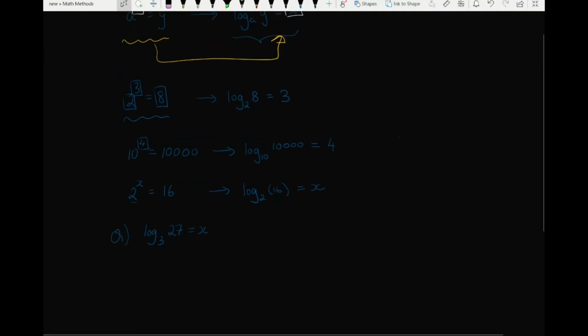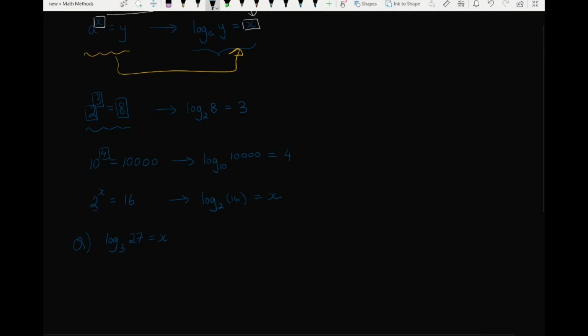So the first thing to note is we can write this as 3 to the power of x equals 27. And we know that 27 is really 3 times 3 times 3. 3 times 3 is 9. 9 times 3 is 27.